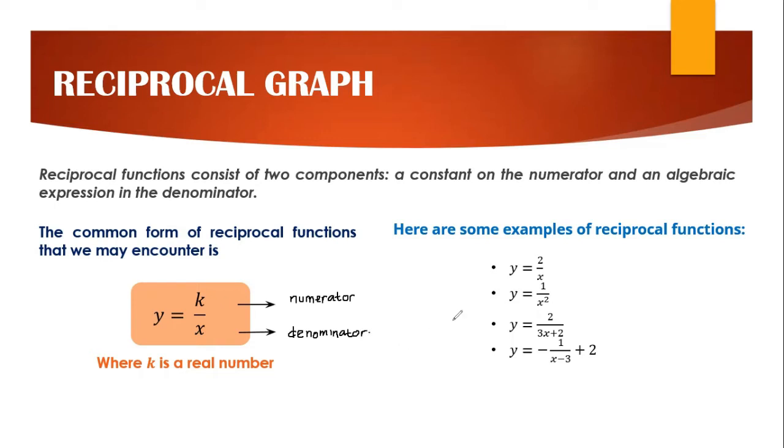So the reciprocal graph consists of two components: the numerator is a constant and the denominator is an algebraic expression. Clear to everyone? Okay, so then we go to the next topic.